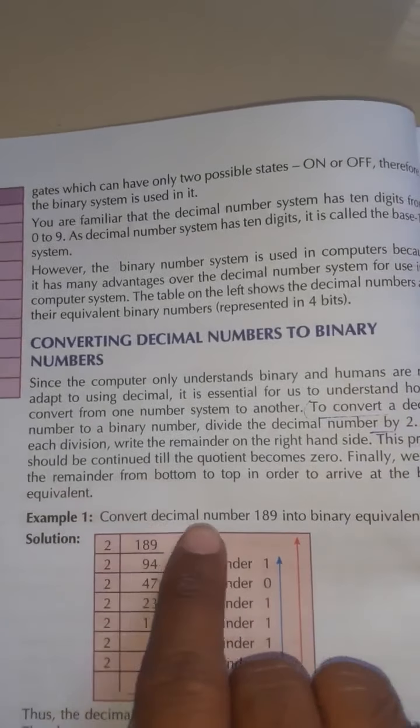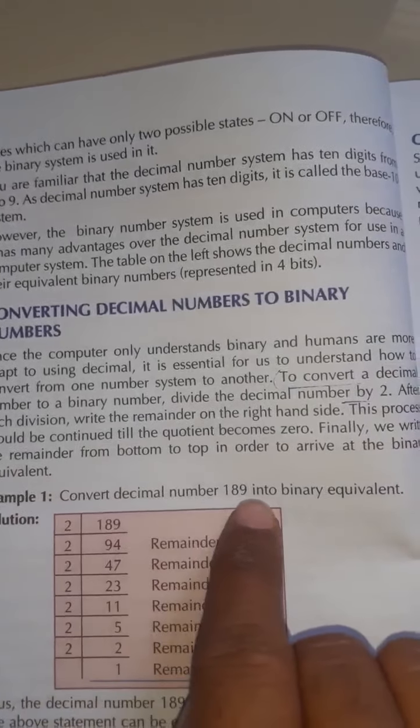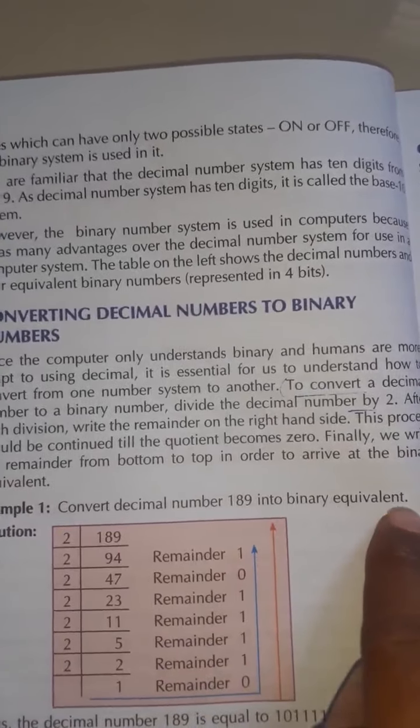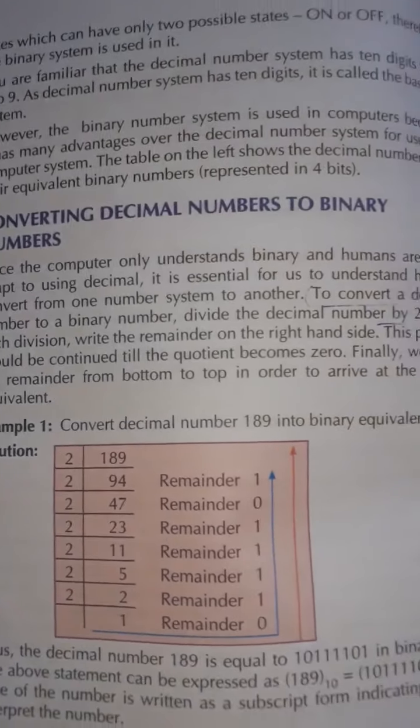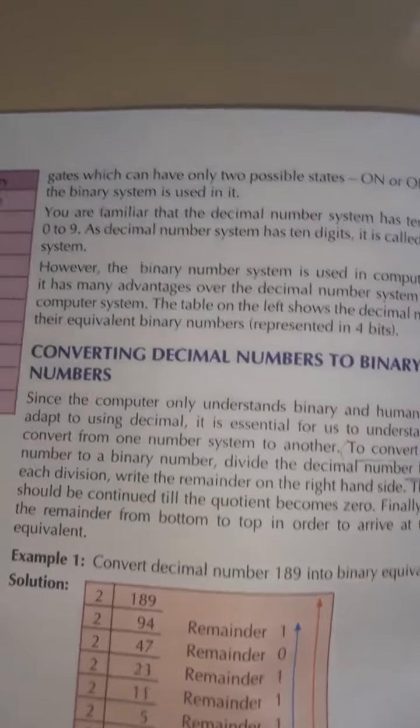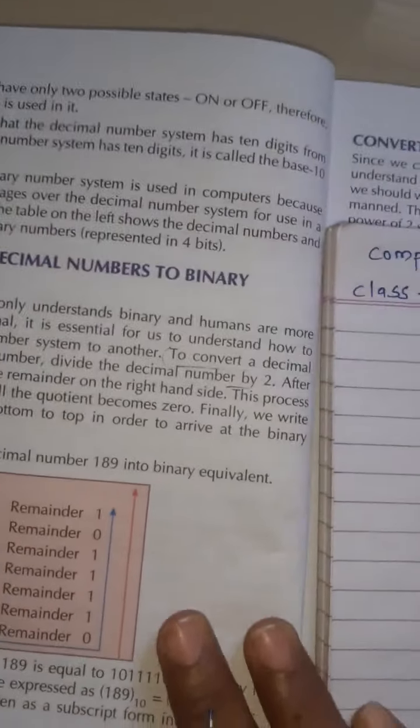See, this is the example. Convert decimal number 189 into binary equivalent. How can this be solved? I will show you the demonstration.